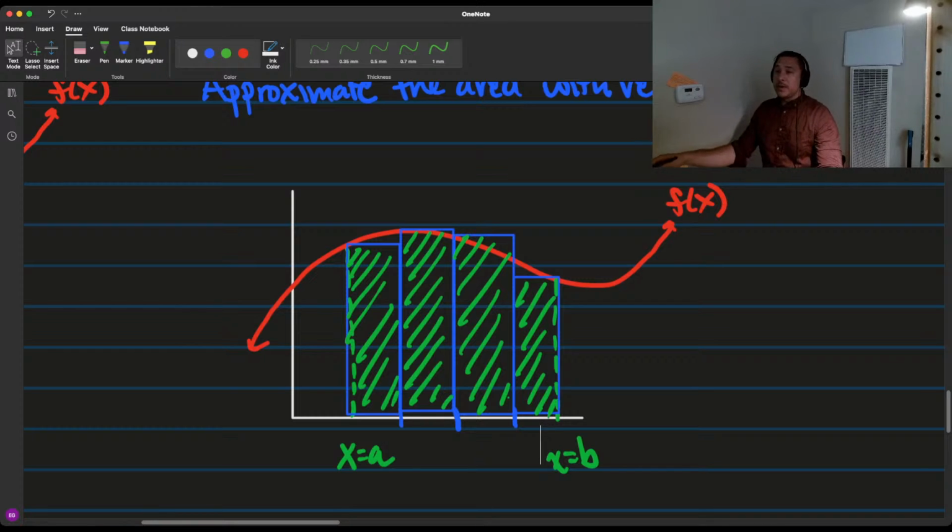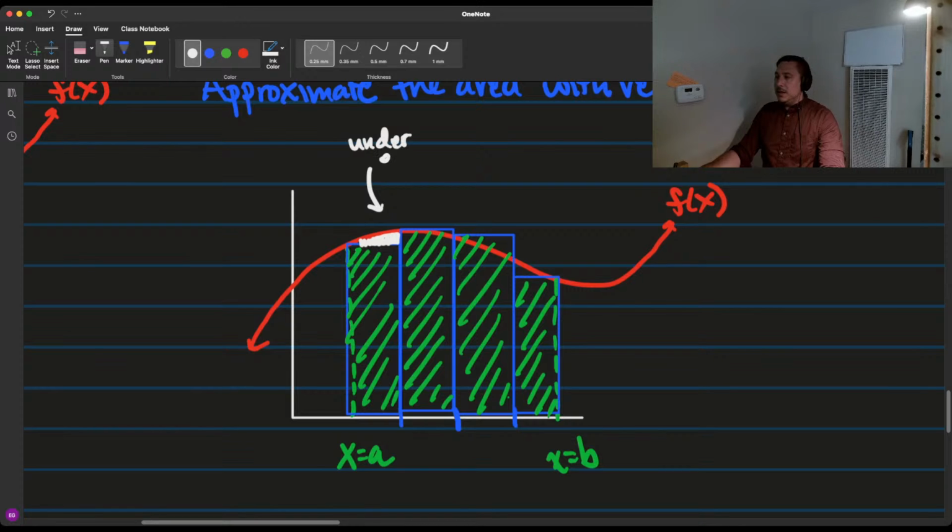Right, but there is sort of a problem with it. Let's look at this rectangle, the first one. What's happening with the rectangle and the area that I want to estimate? I sort of highlighted this little gap right here. What's happening in this white gap? Yeah, so in other words, this is called an underestimate. The rectangle is a little too small.